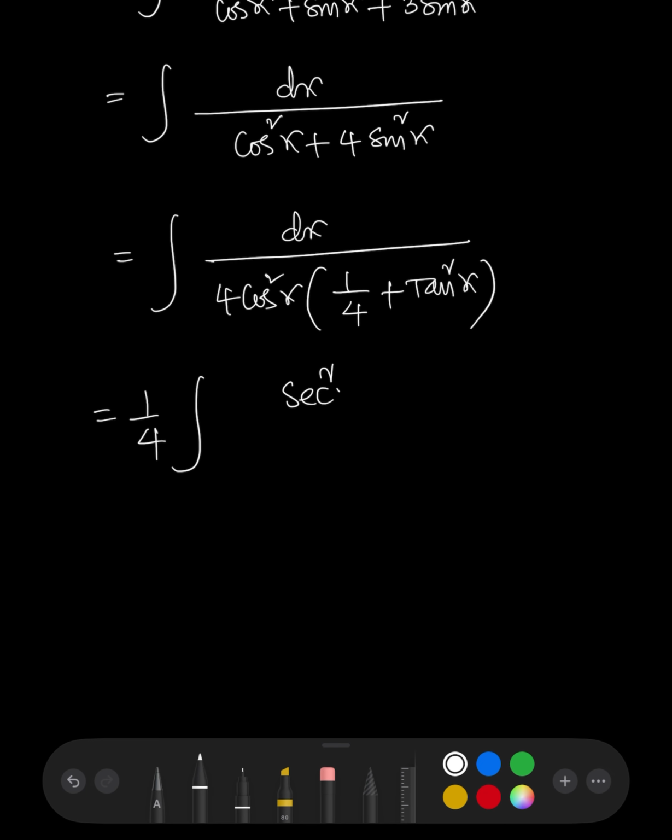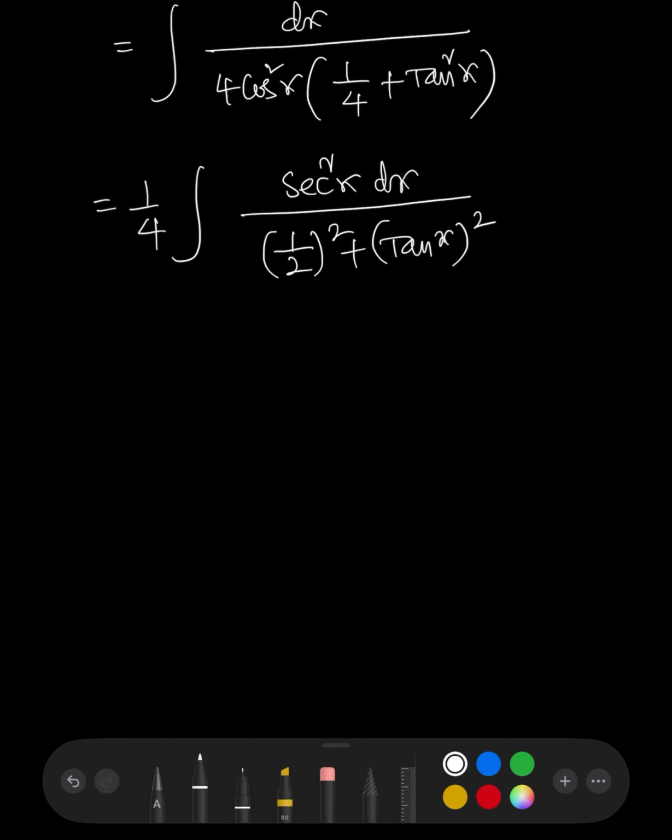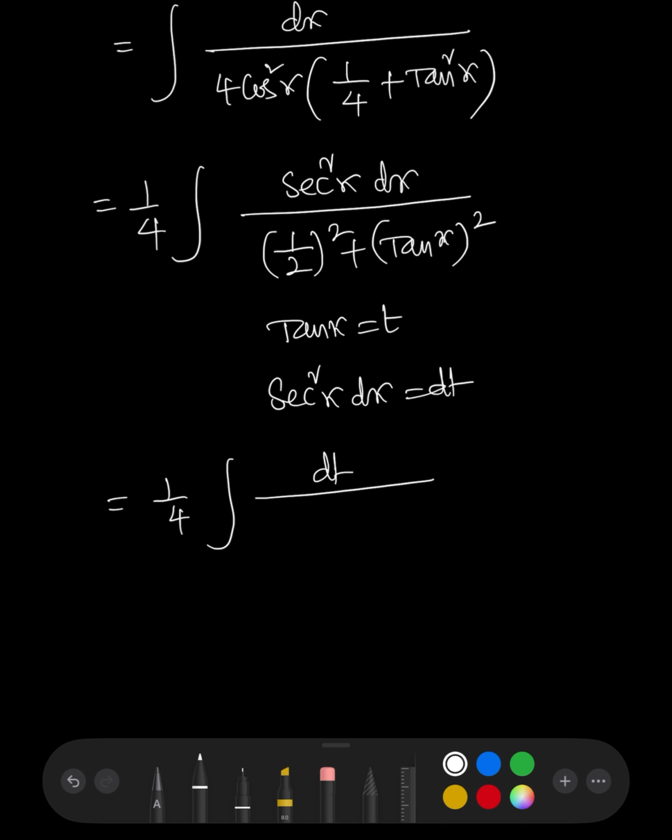We can write that as secant square x into dx divided by (1 by 2 whole square plus tan x whole square). So tan x equal to t. In case of tan x equal to t, secant square x dx equal to what? dt. So 1 by 4 integration of dt by (1 by 2 whole square plus t square).